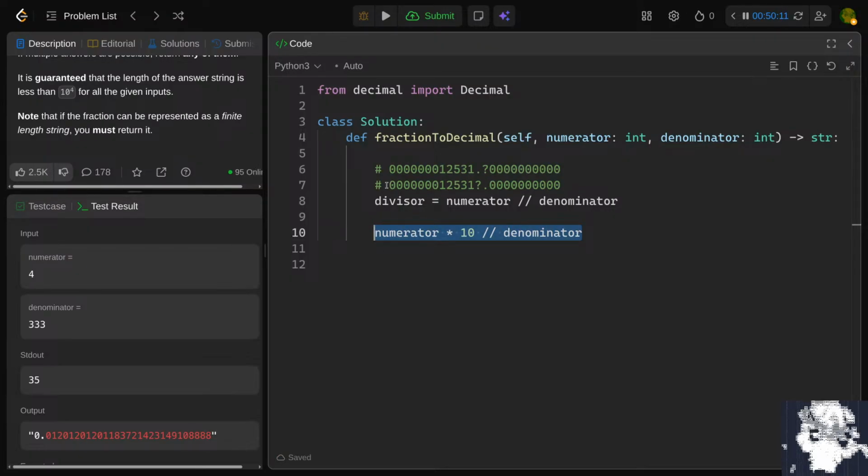That would give me this result, because I multiplied it by 10. And now I take mod 10 to get this digit. Mod 10. Okay. And then I keep taking successive powers of 10.